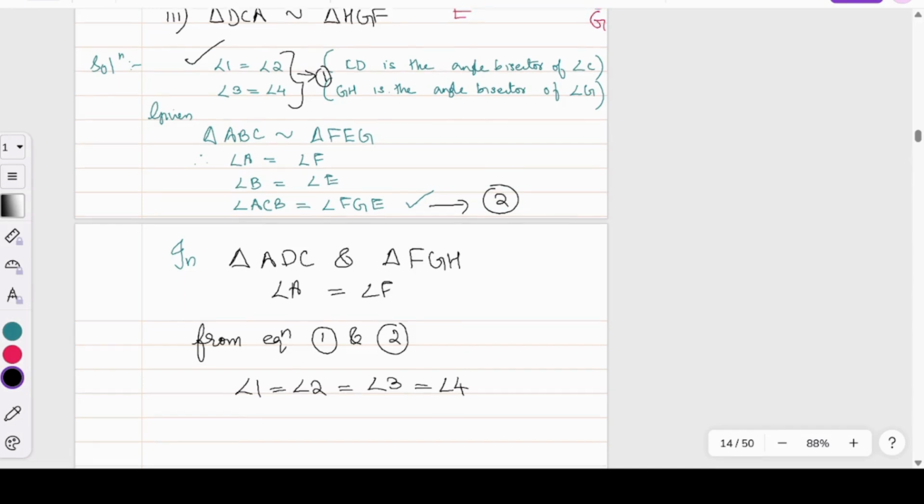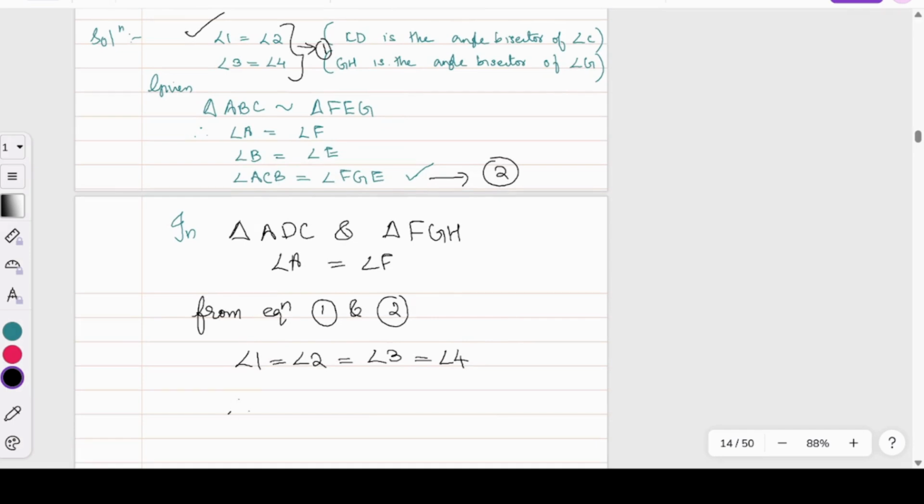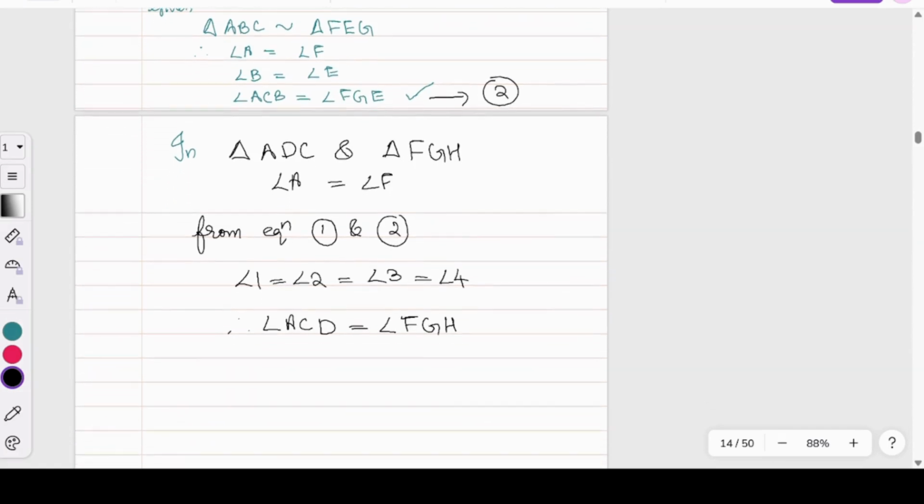Therefore, I can write one more thing: angle ACD equal to angle FGH. Clear? In that way, we can write that part. This is the fourth one.